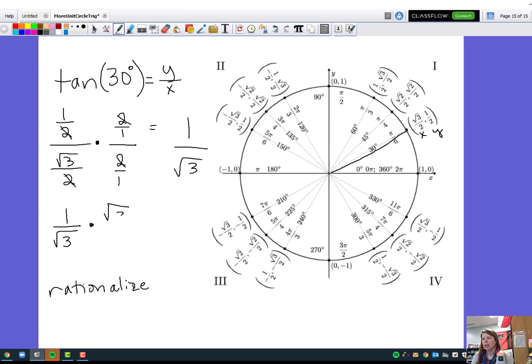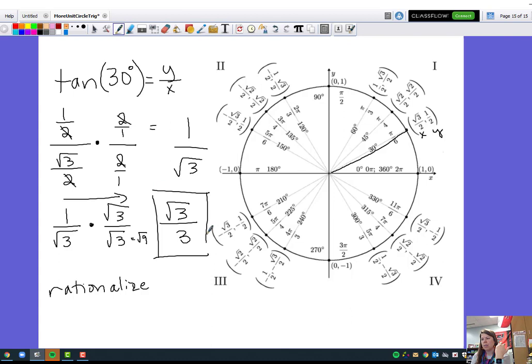I need to take that denominator and multiply it by the top and the bottom, because when I multiply straight across, I end up with the square root of 3 divided by the square root of 3 times the square root of 3, which really equals the square root of 9. But the square root of 9, when you simplify, ends up being 3. So now my square root isn't in the denominator anymore. The square root is in the numerator. And so this would be my final answer for that one.